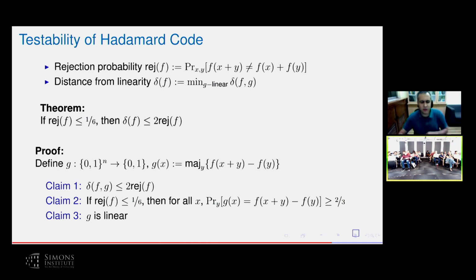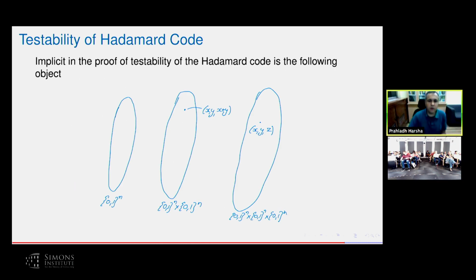Okay, so look at the proof of this one. Implicit in the proof, claim 3 basically said, we had this bipartite graph between the code, 0,1 to the n, and 0,1 n cross 0,1 n. This was defining the constraints. Even though the actual test was between these, while proving the Hadamard code was testable, we had a third layer which came up with these z's.